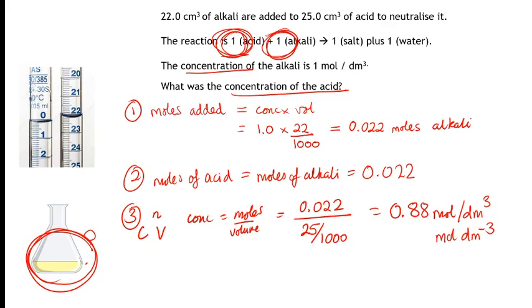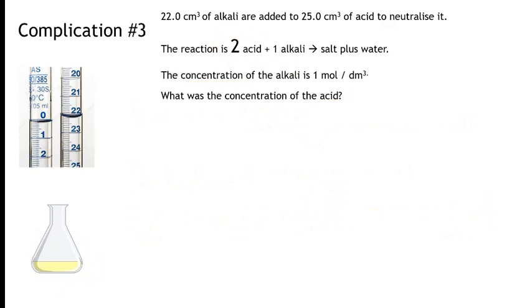Final thought, complication: there's the whole section about how to take the readings on a burette and the idea of concordance, but let's just assume that we've been given those values. But the final complication that you get in a simple titration is this one, where the reaction isn't 1-to-1. So I've just taken the same problem, but in this one we've got 2 moles of acid reacting with 1 mole of alkali.